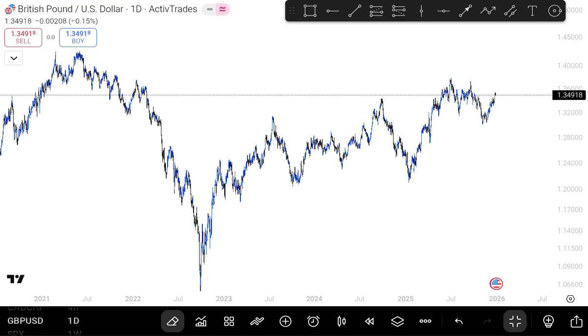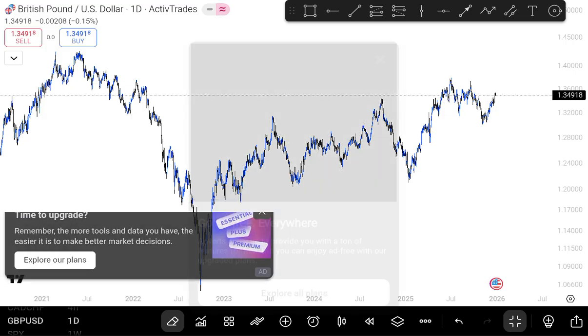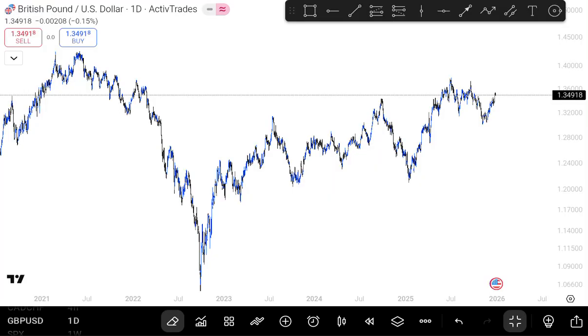I want to bring out the types of the market structure. We have three types. We have the trending market, and in the trending market we have the uptrend market and the downtrend market. You can call the uptrend market the bullish market and the downtrend market the bearish market.